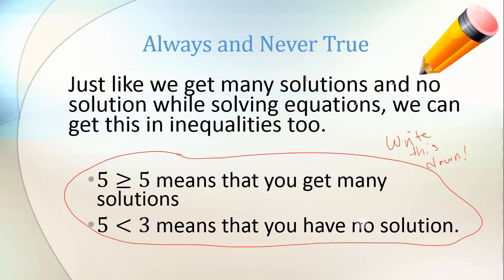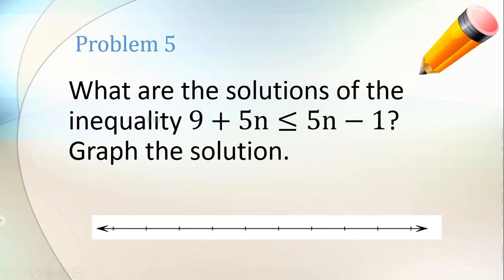So let's take a look at this kind of problem. They want to know about the solutions of the inequality 9 plus 5n is less than or equal to 5n minus 1. So I'm going to start solving. I'm going to subtract 5n on both sides. And I notice my 5n's cancel, and I get 9 is less than or equal to -1.